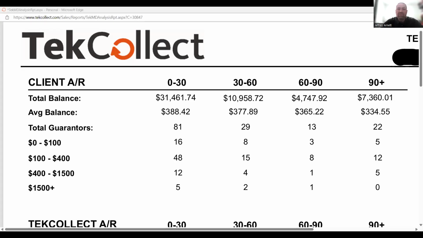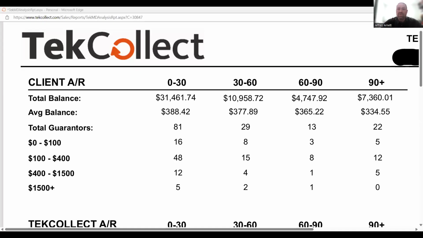Some of those things for maintaining a healthy AR would be to reach out, make phone calls, text message, email, and inform the patient of their balance. If you can do that earlier, in that first 30 days, 60 days, you will be more successful in creating a process where the patients are able to respond to your efforts and communicate with you. If they have questions, you are now able to answer those questions successfully.